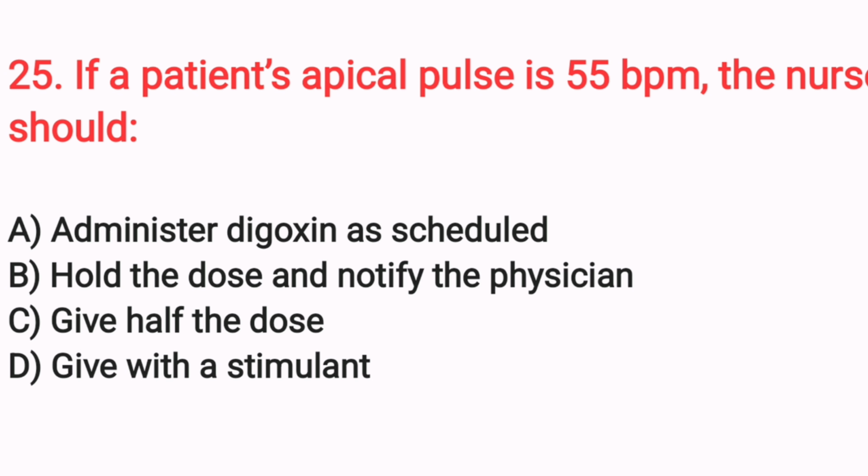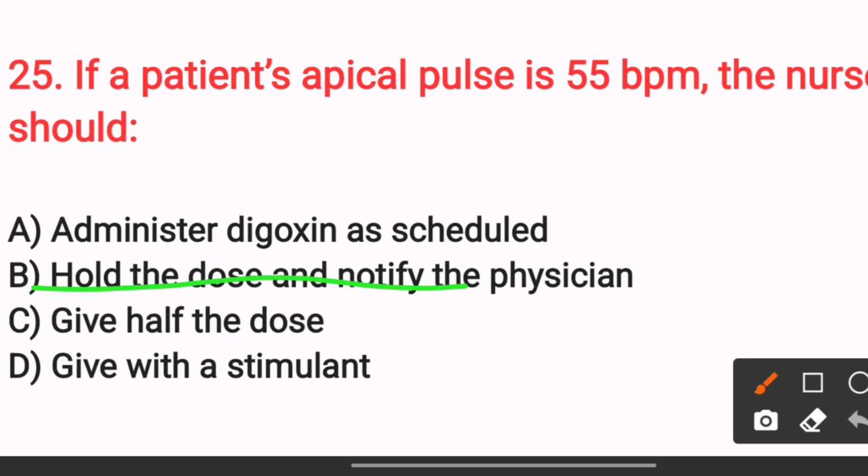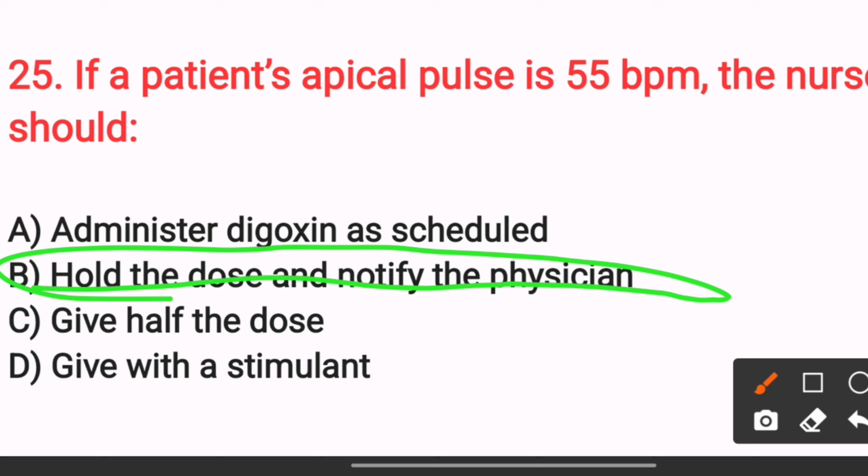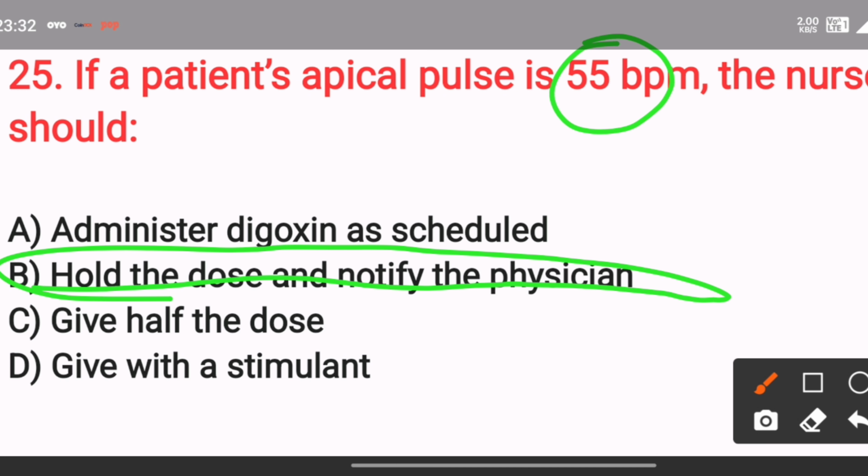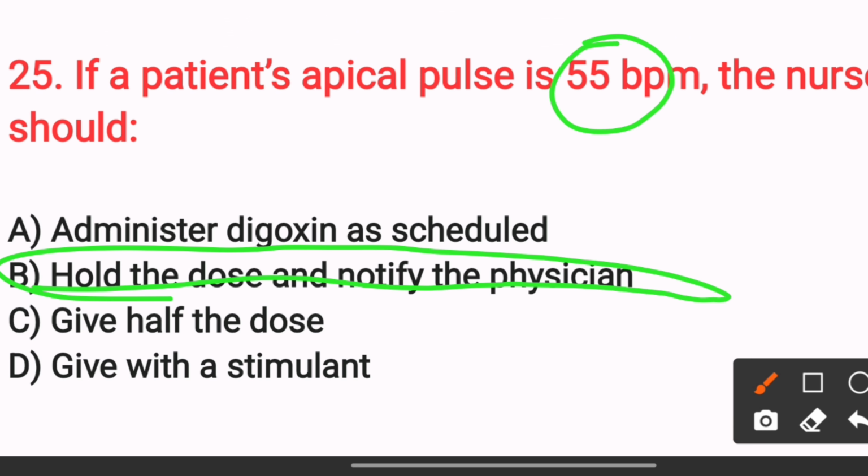The answer is option B, hold the dose and notify the physician, because digoxin can cause bradycardia. Doses are held if the pulse is less than 60 beats per minute in adult patients. So we have to hold the dose, because 55 beats per minute is the heart rate.